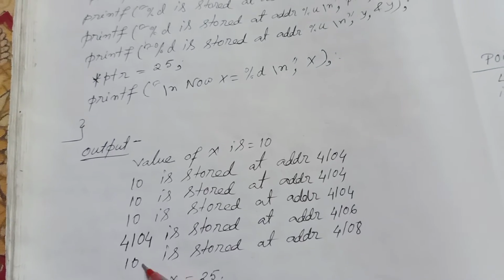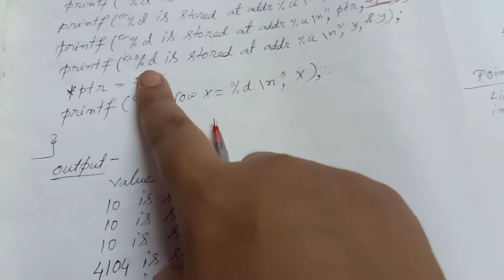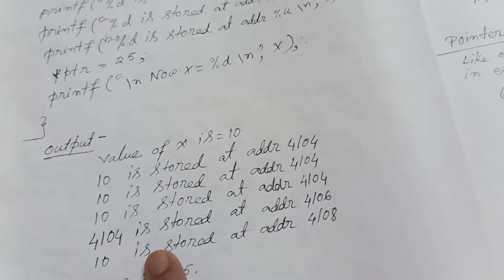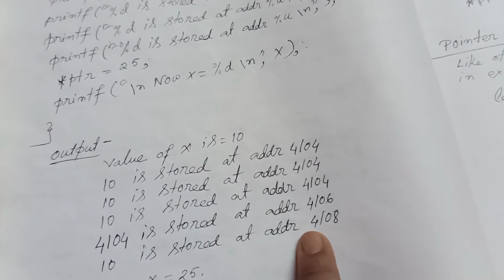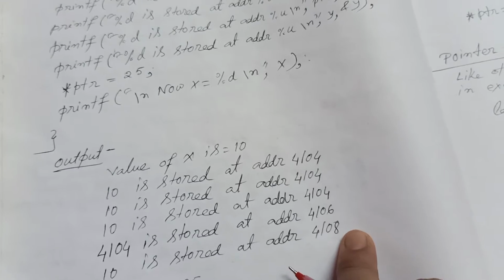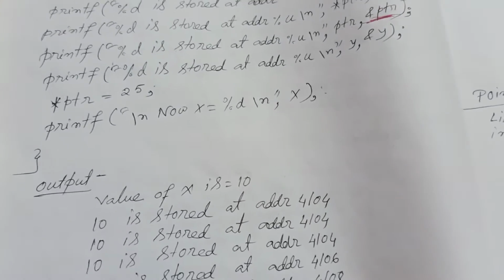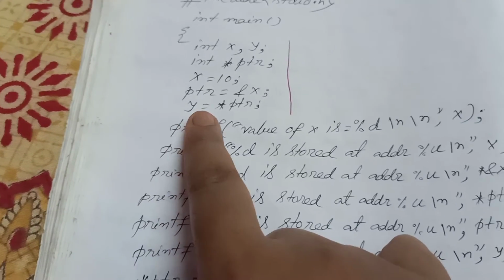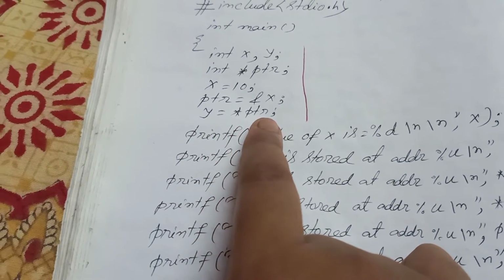Now taking another new value, the last printf shows 10 is stored at the address 4108. Why? Because here y equal to pointer ptr.